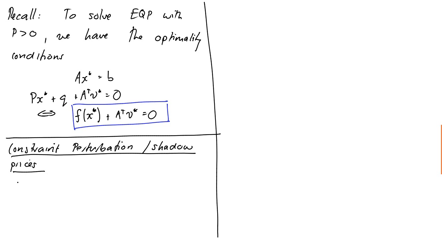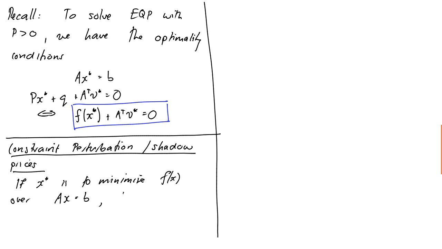Let's start with the statement. If x star is to minimize our function f of x over our constraints, I'm just writing f of x instead of writing out the whole x transpose P x plus q transpose x plus whatever, to make it shorter.